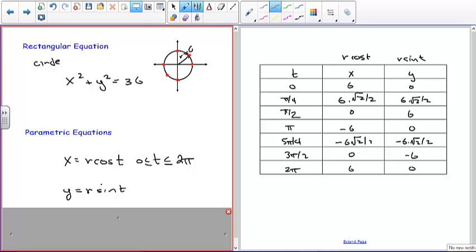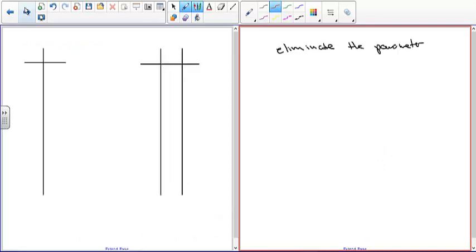So this is the parametric form of a circle. And there are both rectangular forms and parametric forms of lots of different curves.